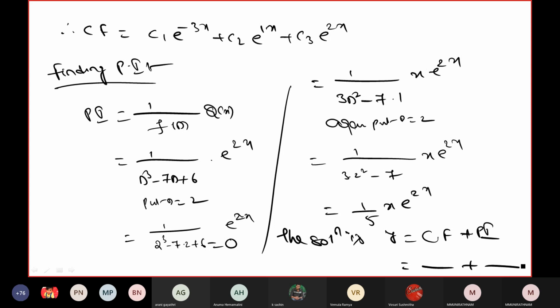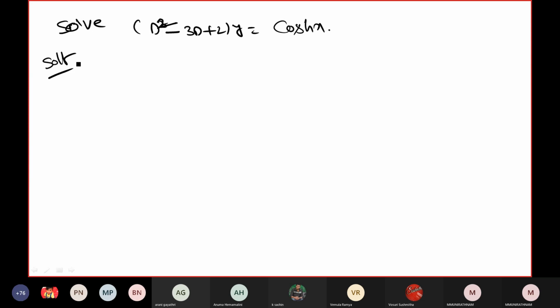CF plus PI రాయండి. సో అయిపోయిన వాళ్ళమ్మా D square అమ్మా not D cube, it is D square. D cube రాసిన no problem.